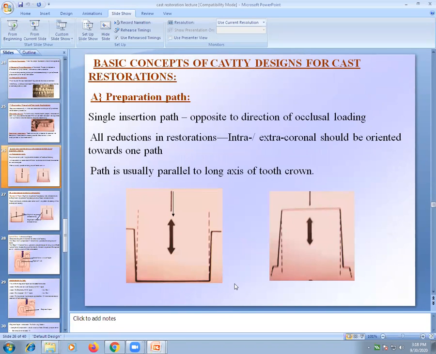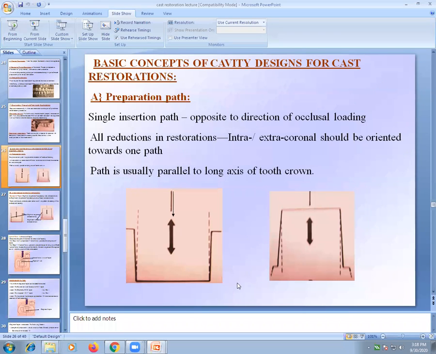Now we will discuss the basic concept of cavity design for the cast restoration. Already Sunanda ma'am has taken your lecture regarding this inlay. Right? So here we are discussing some basic concepts for the tooth preparation. Regarding the preparation, there has to be a single path of insertion, opposite to the direction of the occlusal loading.